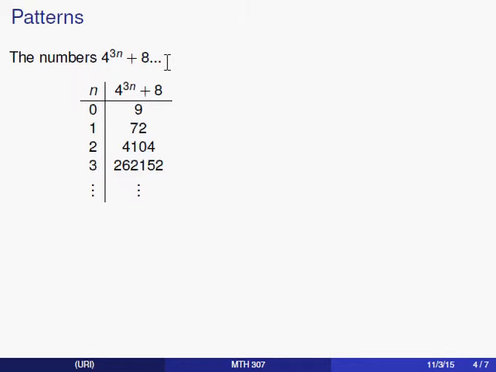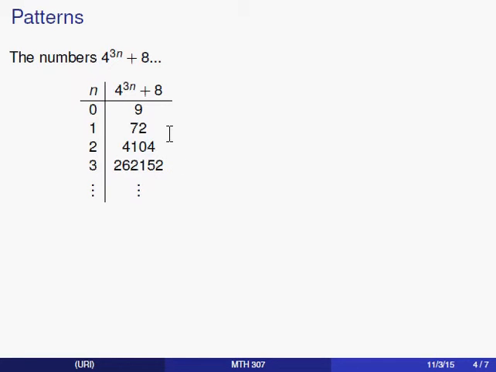But if you plug in the first few non-negative integers into this expression, you'll see that we get 9, 72, 4104, and 262,152. Now, the first ones are clearly divisible by 9. The next one has its digits adding to 9, and the next one has its digits adding to 18.